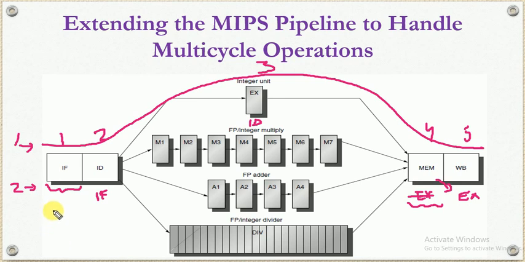Okay, so instruction fetch, instruction decode, EX. Now it cannot do that because it is expecting the result of the previous instruction. The previous instruction's result will be produced only after the memory stage. But here the memory stage is not completed.